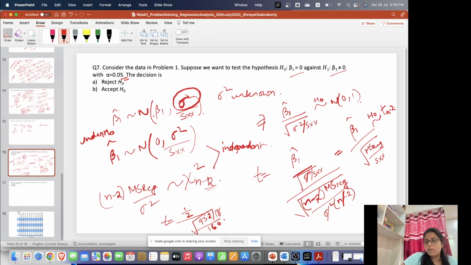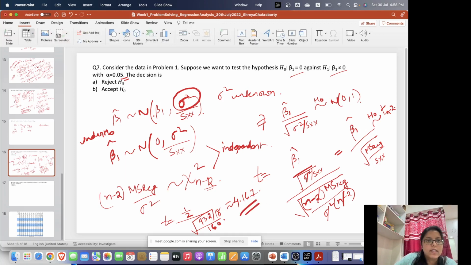It comes out to something close to 4.167. Okay, anybody got anything else? Okay, so this is the value of my test statistic.